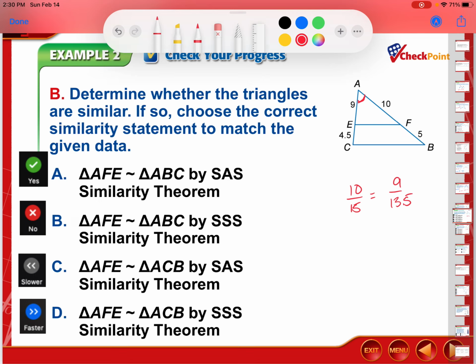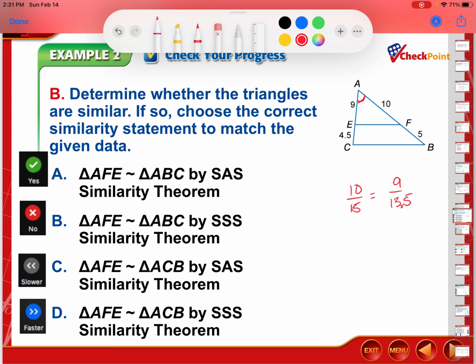So 9 times 15 is 135. 10 times 13.5 is equal to 135 as well. Therefore, these are proportional. They are similar by side angle side.